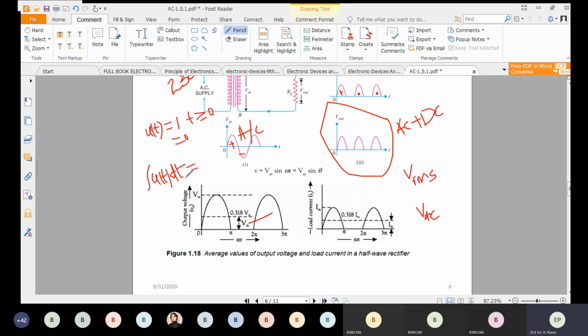Integration of u(t). u(t) is nothing but 1, so the integration of 1 multiplied by dt. What are we going to get? Integration of 1 dt is going to be, if I'm not wrong, t.